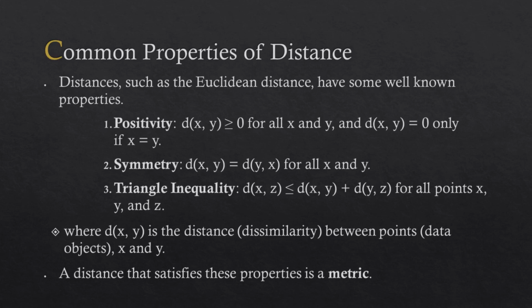Symmetry naman, where distance of x and y is equal to distance of y and x for all x and y. And the triangle inequality, where distance of x and z is less than or equal to distance of x and y plus the distance of y and z for all points x, y, and z.